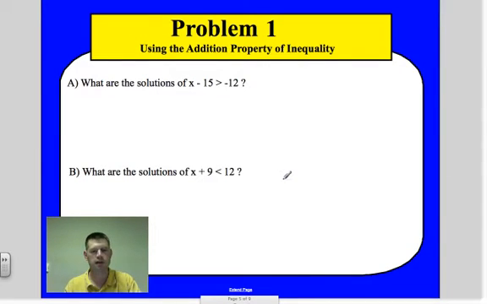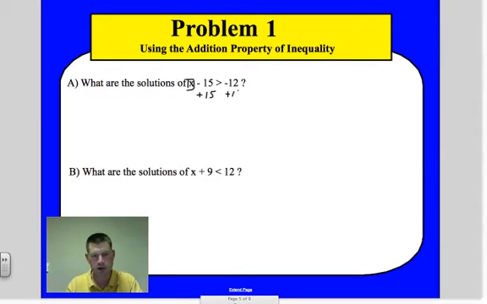Okay, so using the addition property of inequality, in problem 1, part A, we have x minus 15 is greater than negative 12. We want to get this x by itself. So we've got to get rid of this part where we're subtracting 15. Well, we do that by adding 15 to both sides.